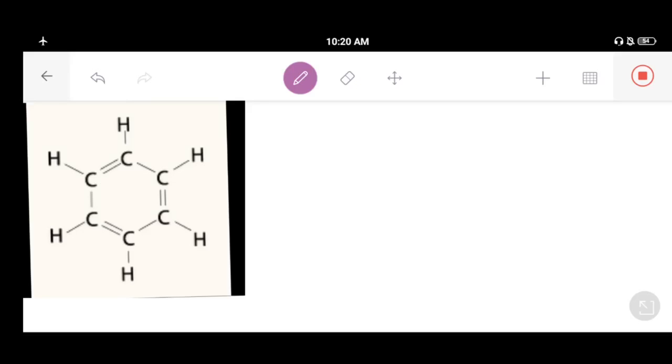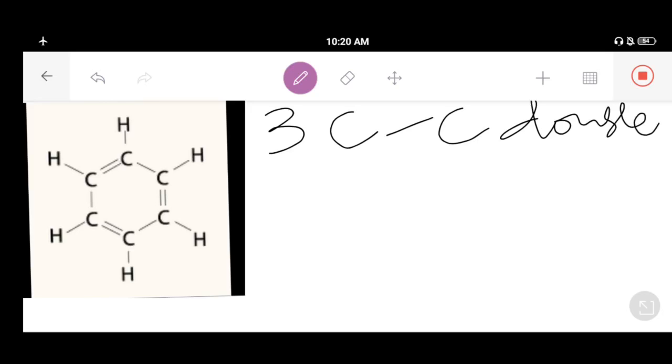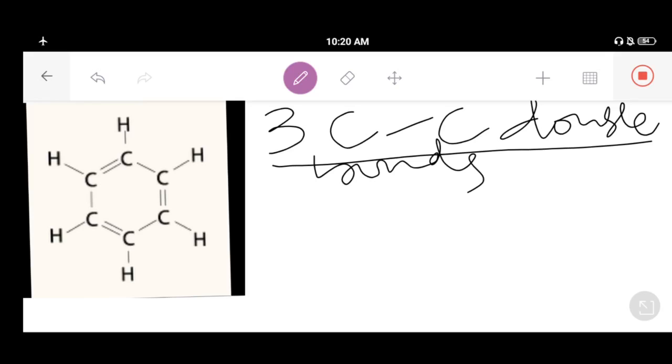So, my dear students, a molecule of benzene contains 3 carbon double bonds. Jot it down with me, students: 3 carbon double bonds. So the bottom line of the story is, students, that this benzene is an unsaturated cyclic hydrocarbon and it contains 3 carbon double bonds. 1, 2, 3.